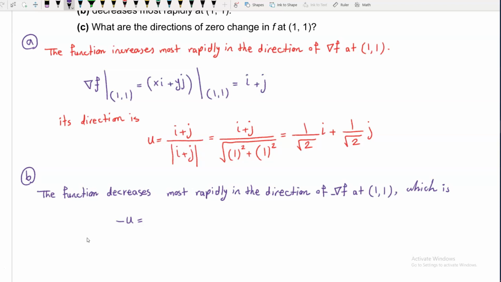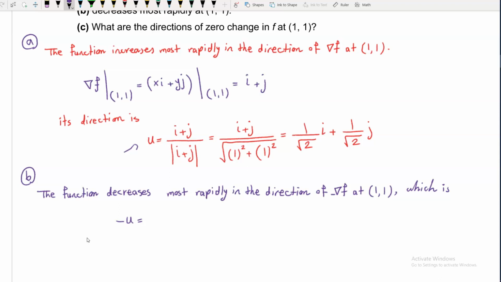But here for part B, we have the function decreasing most rapidly in the direction of the negative gradient of f at (1, 1). So, using what we had in part A, u was equal to 1 over square root of 2 times i plus 1 over square root of 2 times j.